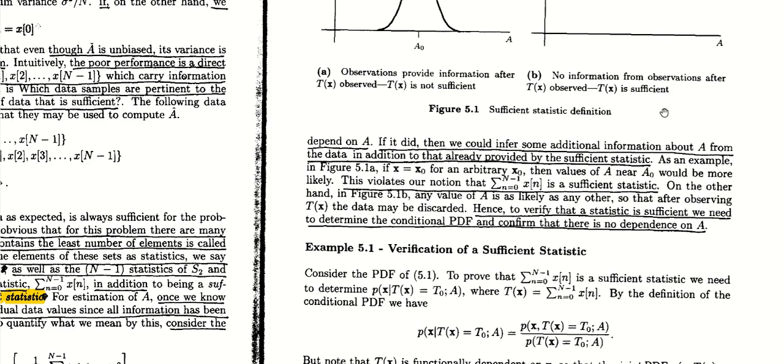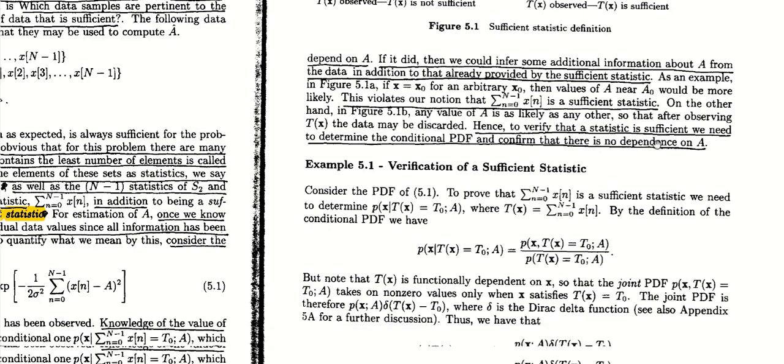In this case, that will be A. But if a sufficient statistic provides information about A, it may not be sufficient for B. It may not be sufficient for another parameter, let's say C. So let's be clear: a sufficient statistic is sufficient with respect to a specific parameter A. It's not general. It has to be specific.